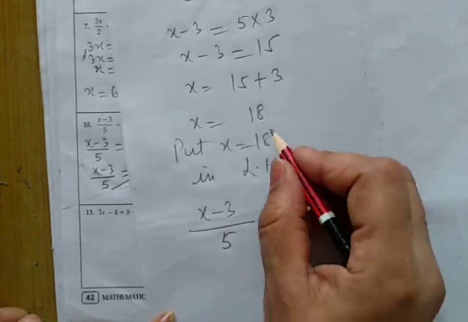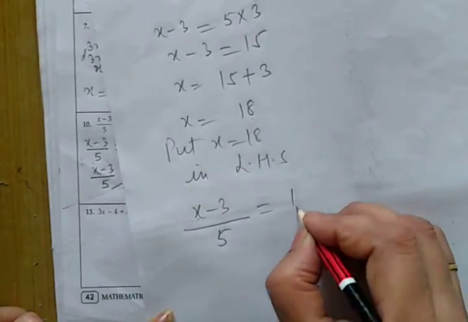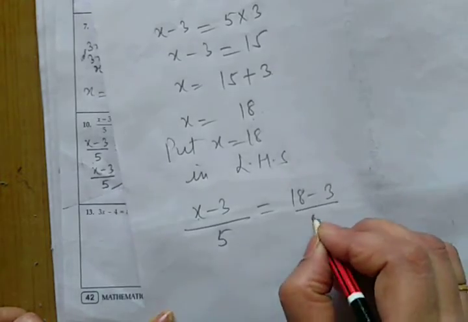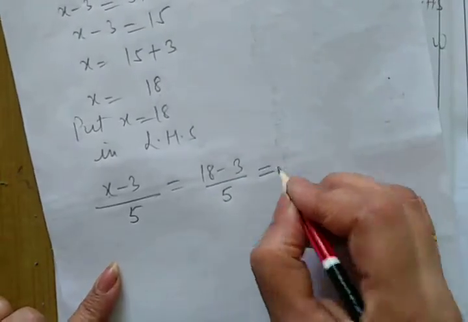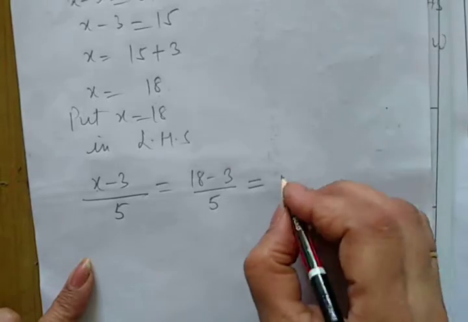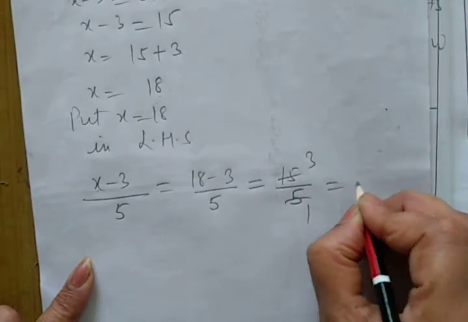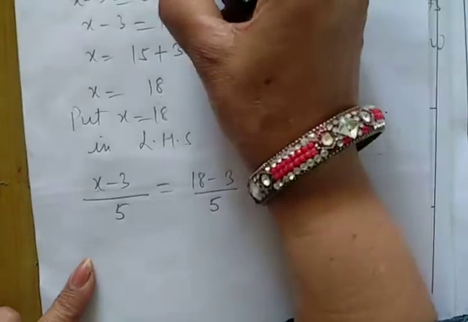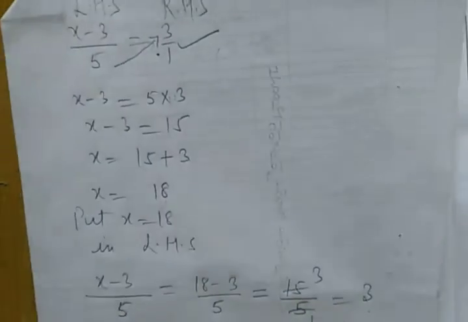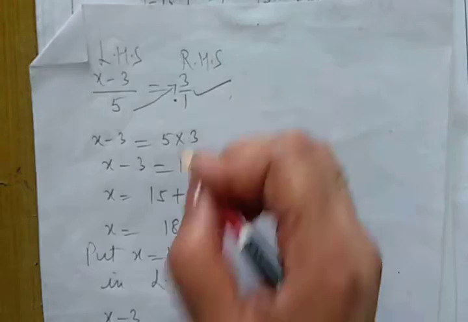So this will become, in place of x I will put 18. 18 minus 3 upon 5 is equal to 15 upon 5. So 5 ones are 5, 5 threes are 15. So this is 3, which is equal to the right hand side.